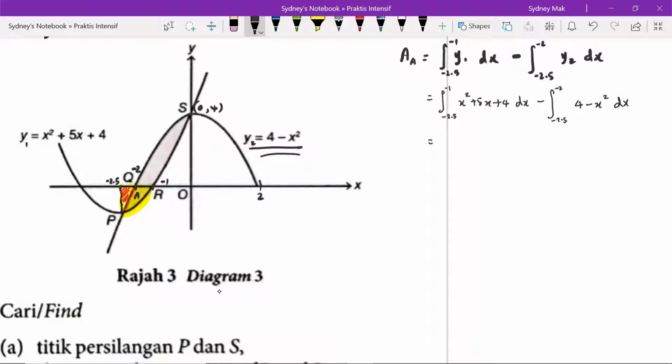Let's integrate them separately because they have two boundaries, but because they are below the x-axis, we have to add in a modulus so that the area will be positive.